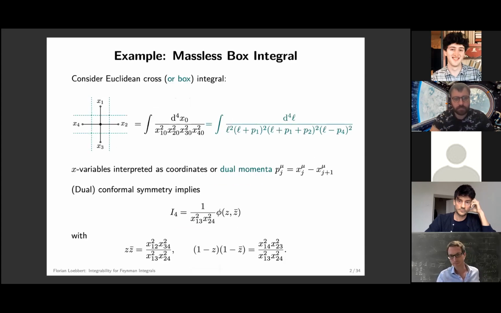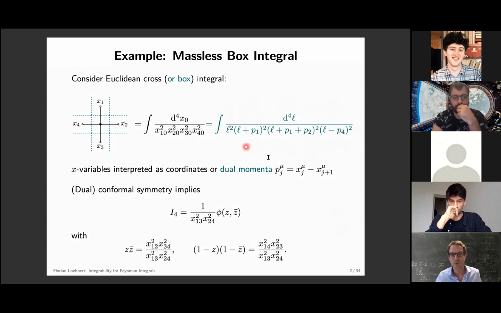To tell you what I want to discuss, let me start with an example, namely this one-loop box integral or cross integral, which has two different representations. On the right-hand side in green, you have the ordinary momentum space representation.